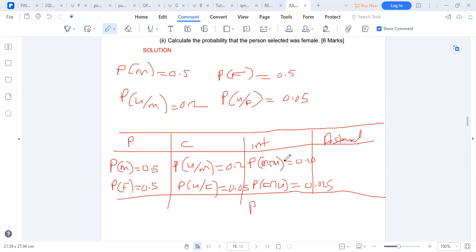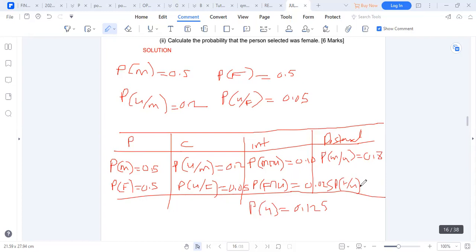In total, the common letter is U, so this is the probability of the unemployed, which is 0.125. When I divide M intersection U over U, it will be M given U. When I divide F intersection U over U, it will be the probability of F given U. So what is 0.10 divided by 0.125? You're getting 80% or 0.8.